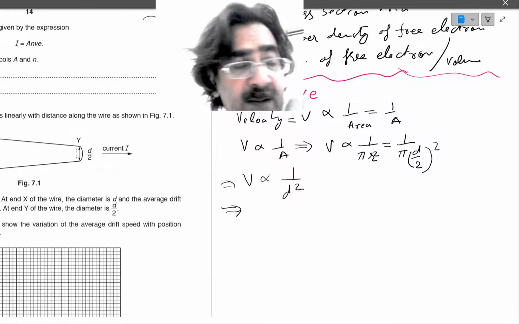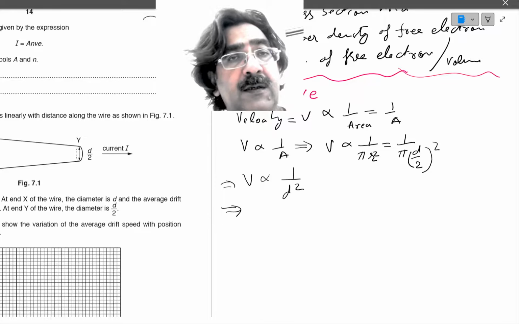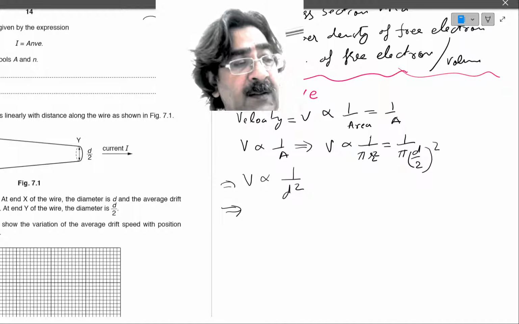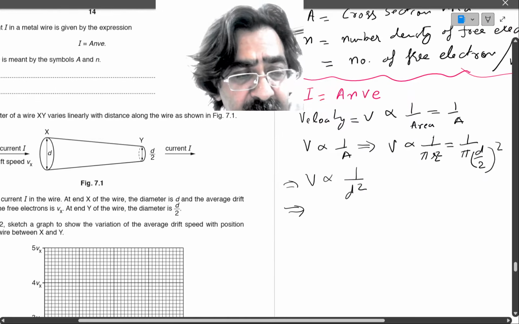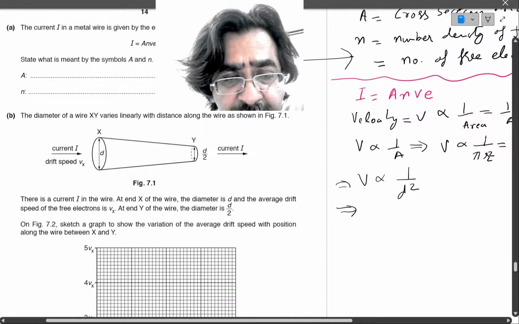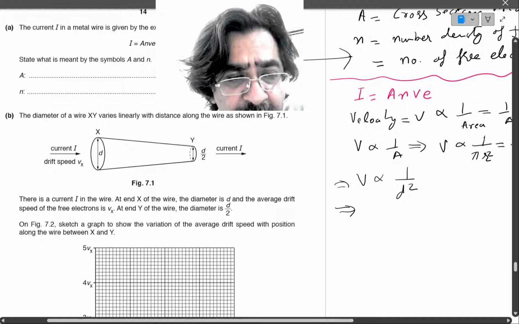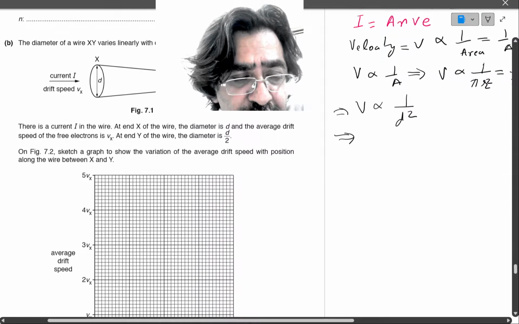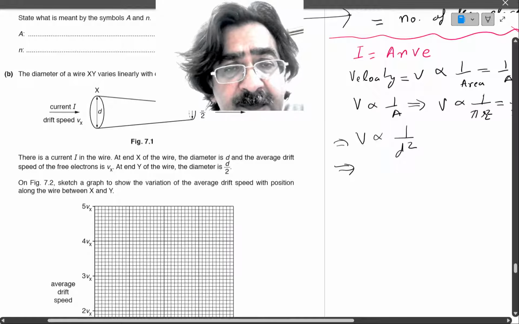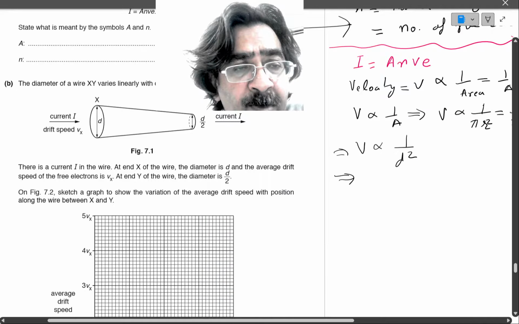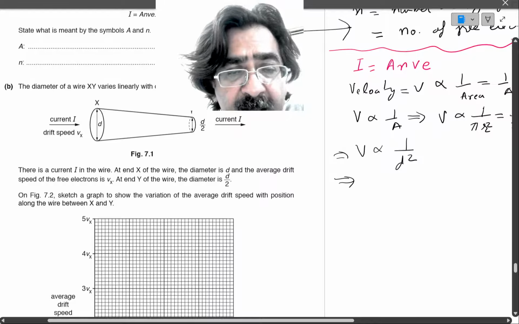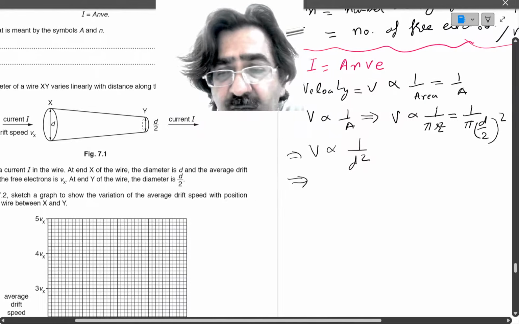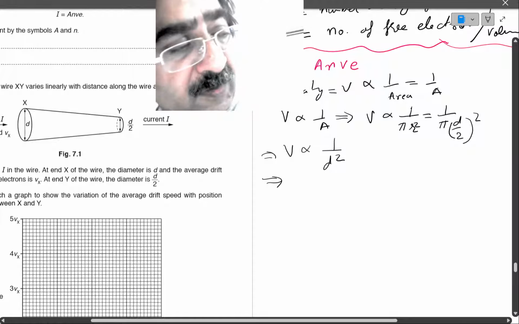We are considering this along the diameter, so the speed of the free electron is Vx.